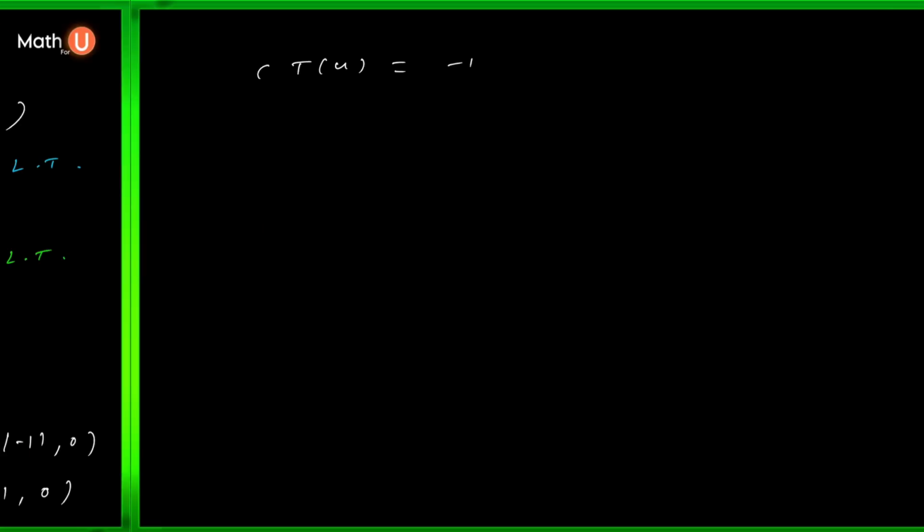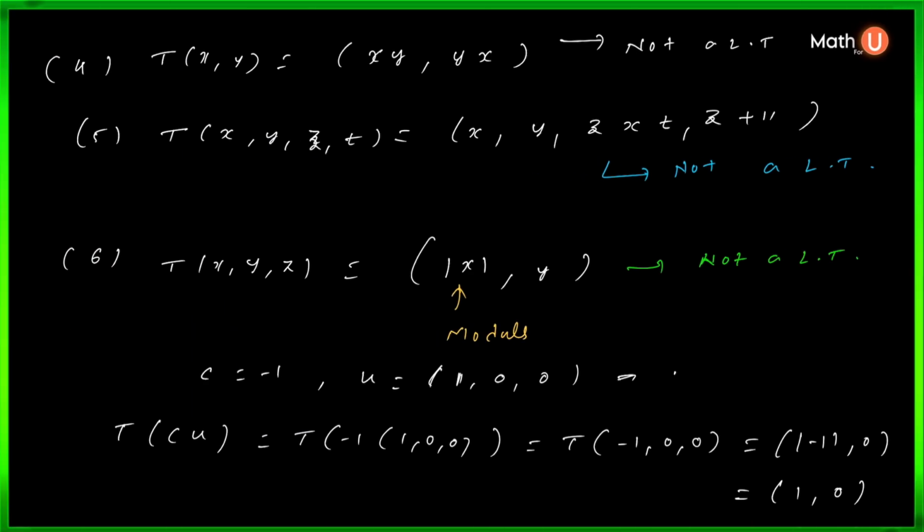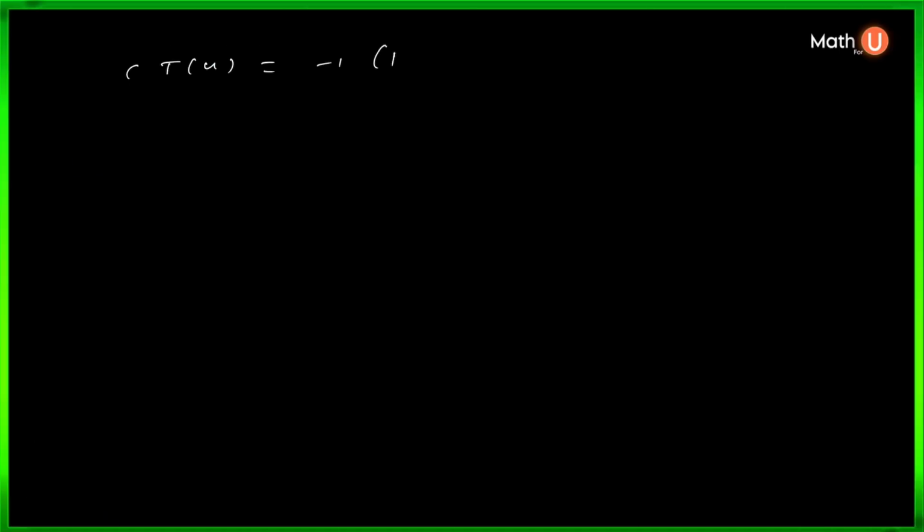Now apply c into T of u, that is nothing but c is -1, T of u. This is u. What is T of u? T of u is nothing but T of (1, 0, 0), that is nothing but (1, 0) we get. That means here we get (1, 0). If you multiply minus 1 inside, I will get (-1, 0).